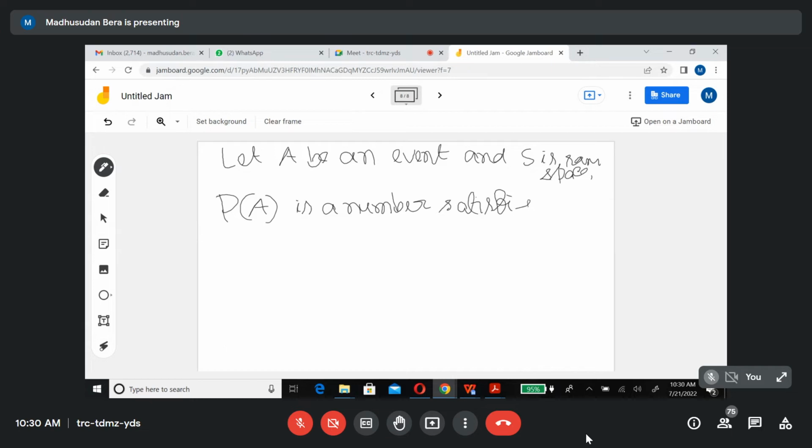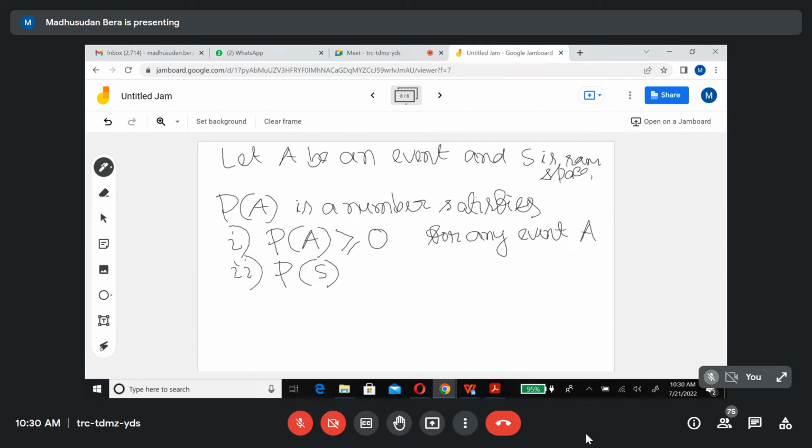First, for any event A, it will be greater than or equal to 0. Next, for the sample space S, it will be 1.